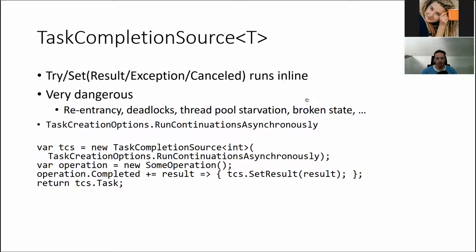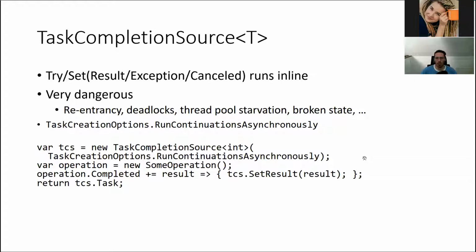The problem is that if you call SetResult, SetException, or SetCanceled, depending on how your operation ended, it runs inline, and it's not immediately clear that it runs inline. So if I call SetResult on the second to last line in my code, it runs inline in the same thread, and it might take some time.